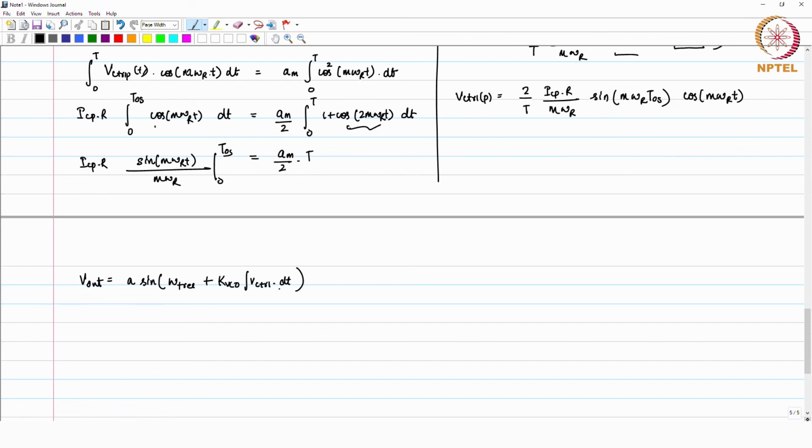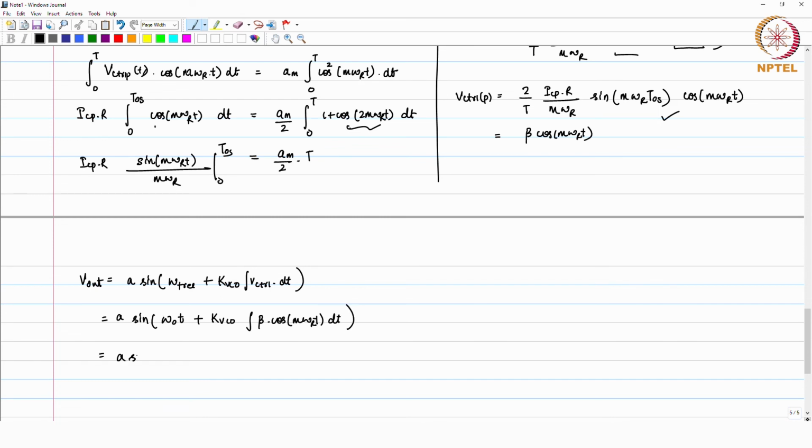right. This is what we have, which I will just write as A times sine of omega naught t, where omega naught is your frequency, plus the variation we are getting from here. I will write that variation as cosine of m omega r t. So, you see k VCO times beta into cosine of m omega r t dt.